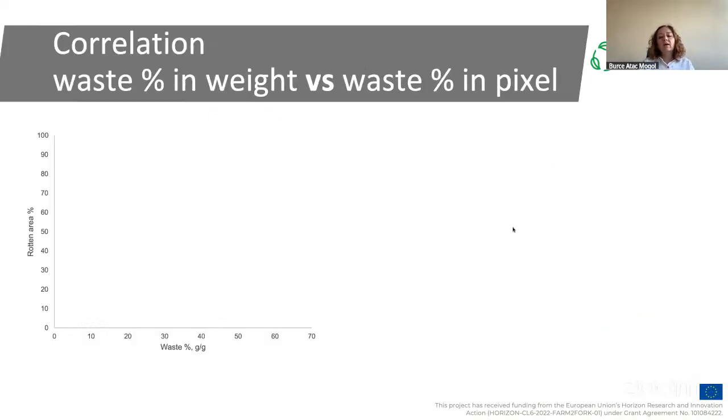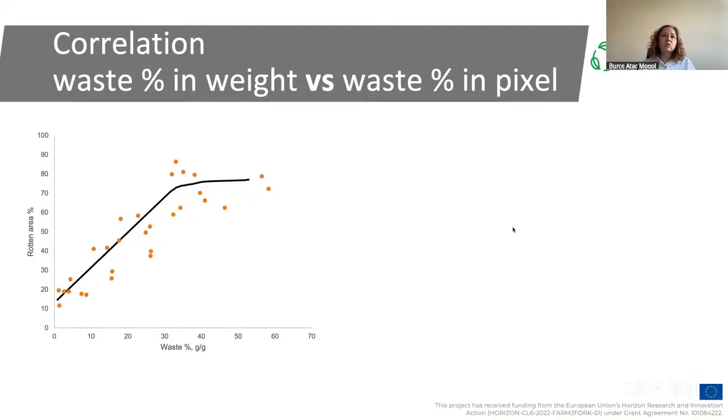So here, this is the one point that I showed you one slide before, and this is the waste percentage in actual gram to gram, so the actual waste, and there's also the rotten area percent taken from the image. So we repeated it several times, 10, sometimes hundreds of fruits and vegetables. Then we obtained a correlation between this actual waste percentage and the information that we got from the image. So we have a correlation curve here.